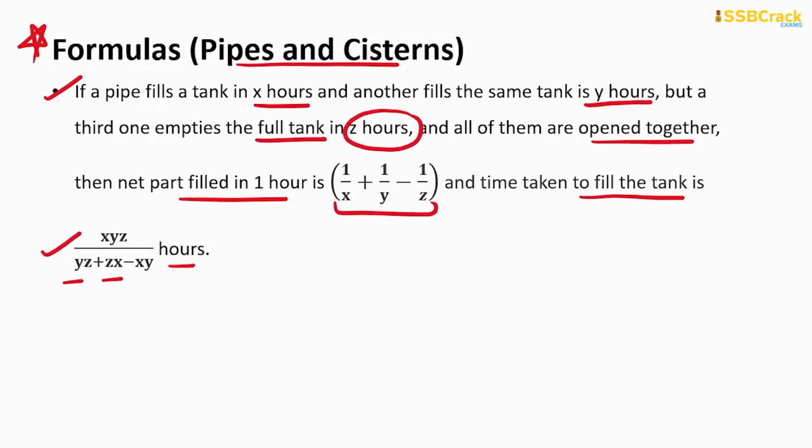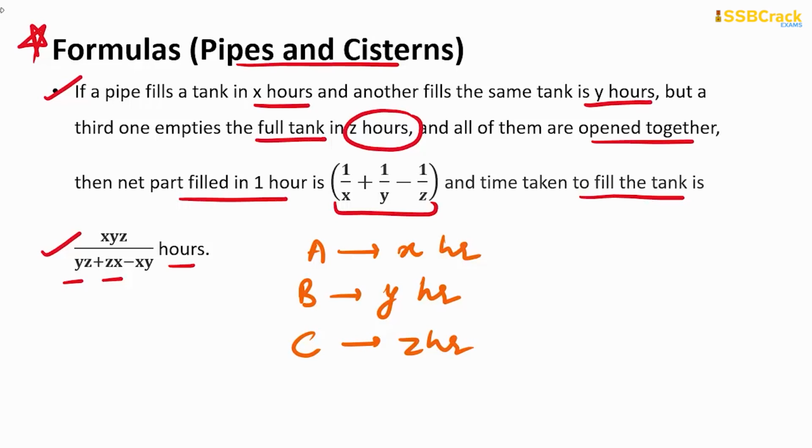So in this case also we are given that A can fill a tank in x hours, B can fill a tank in y hours, but C can empty the tank in z hours, right? So here 1 hour work of A will be 1 by x, 1 hour work of B will be 1 by y, but 1 hour work of C will be minus 1 by z, right?